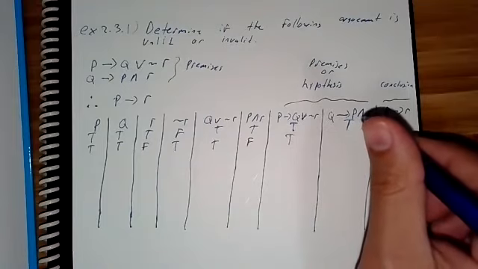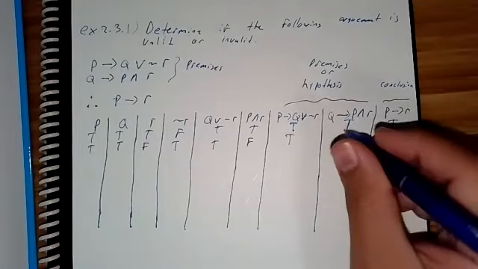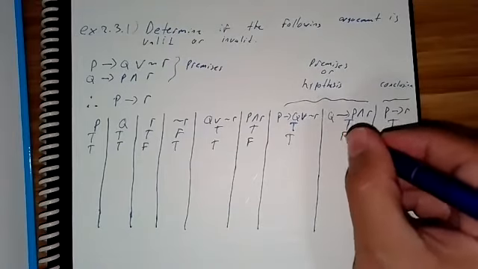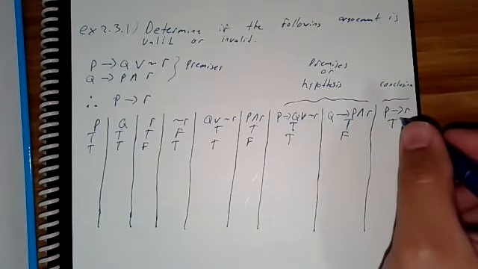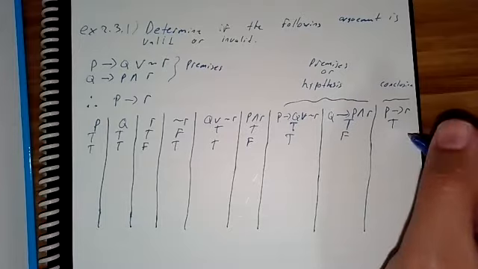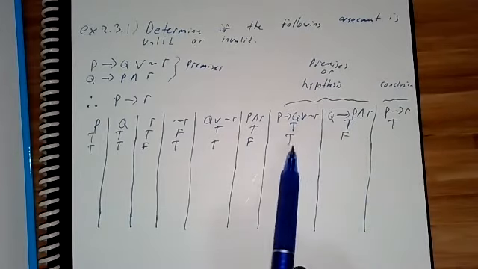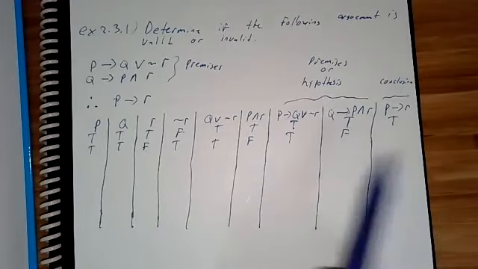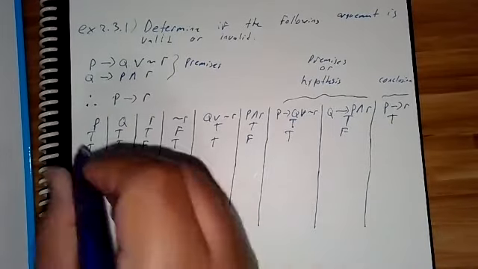True implies false, that's going to be false. P and R would be true implies false. Well, we don't have to check it anymore because remember we said if one of the premises is false, then that doesn't work. So let's keep going.